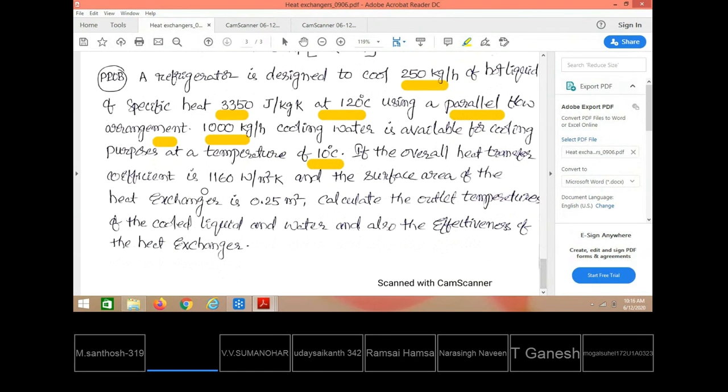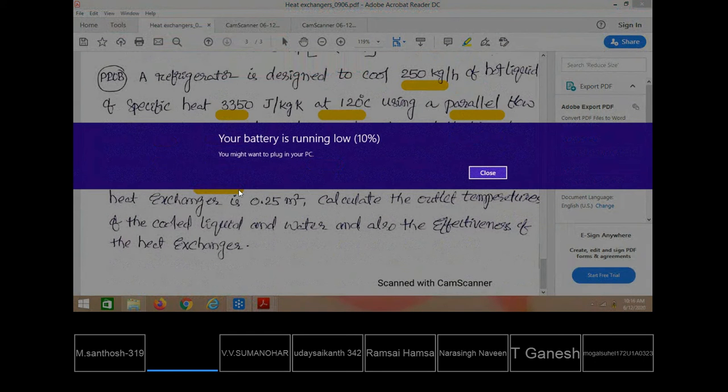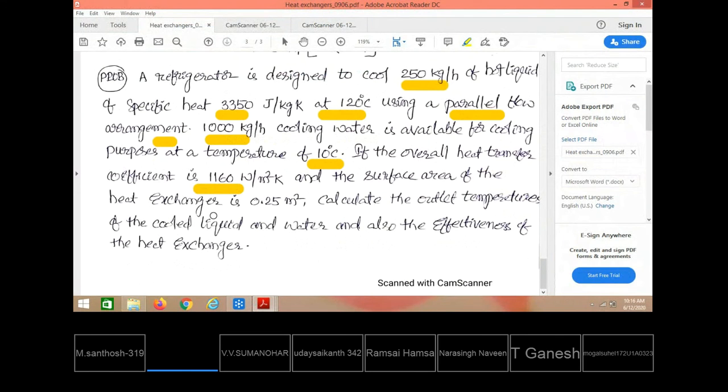The overall heat transfer coefficient is given as 1160 watt per meter square Kelvin, and the heat exchanger area is also given as 0.25 meter square. Then they are asking you to calculate the outlet temperatures of liquid and water. Liquid means hot liquid, water means cold fluid.